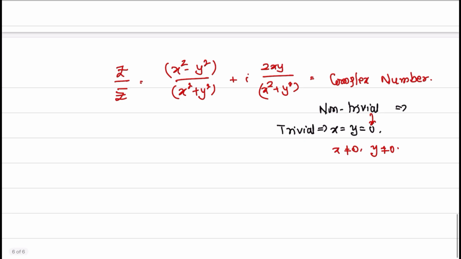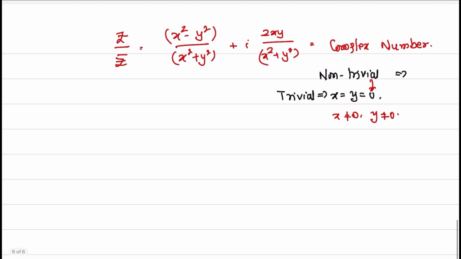I will give one MCQ for your thought process. MCQ on the above.